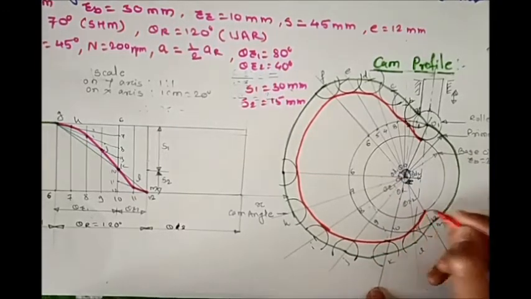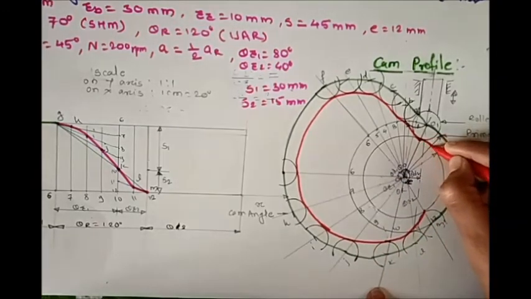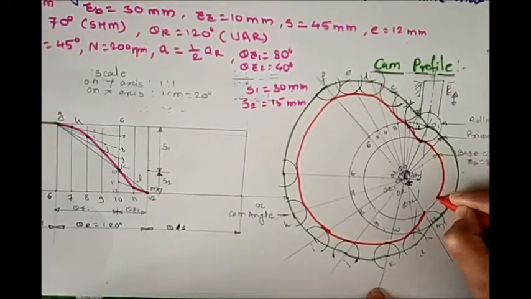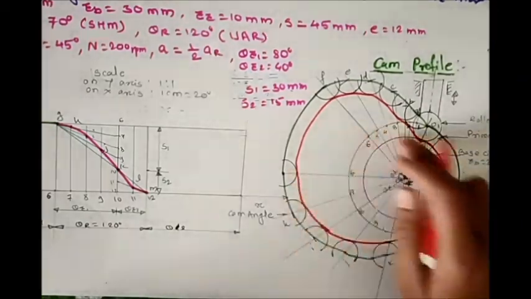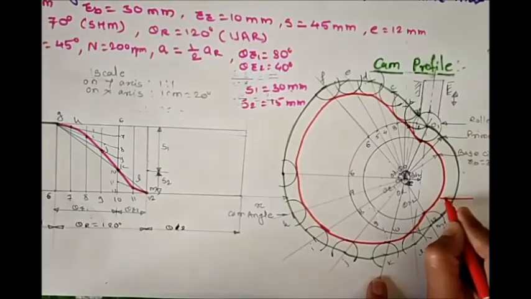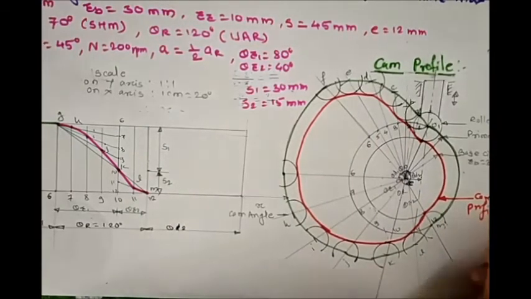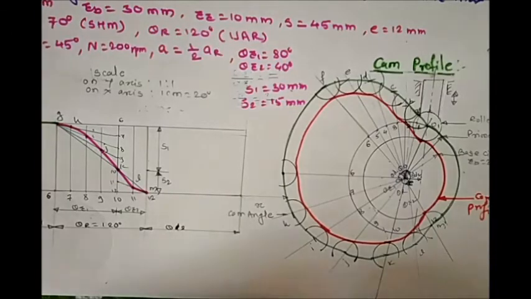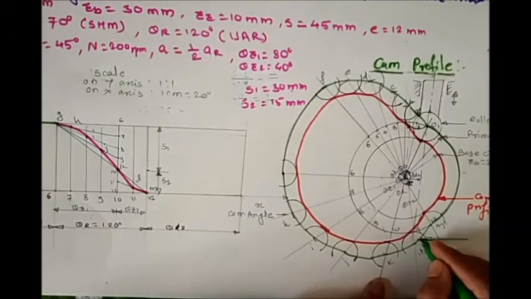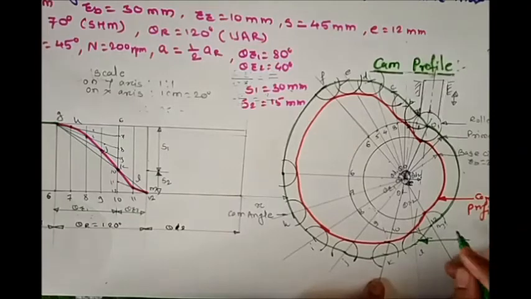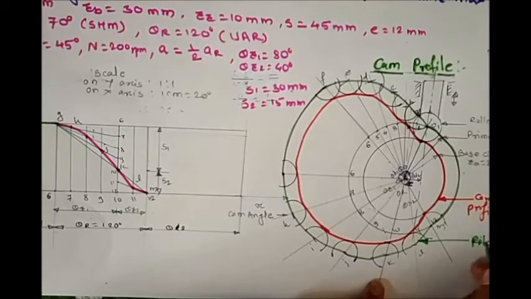So again it meets at the base circle. So this is our cam profile. So this red is the cam profile and the green line is the pitch curve in case of the offset roller follower.